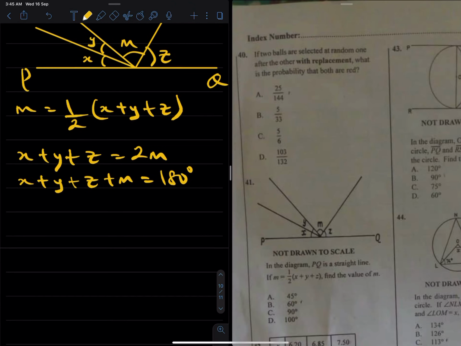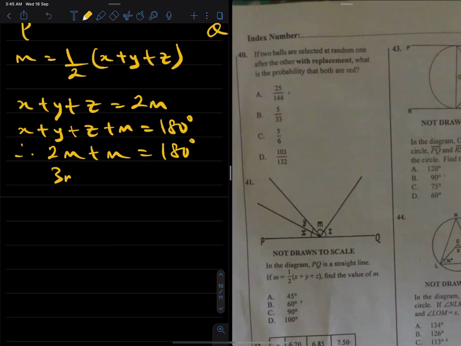Now we already know that X plus Y plus Z is 2M. That simply means 2M plus M equals 180 degrees, which means 3M equals 180 degrees, and that simply means M equals 60 degrees. The correct option is B.